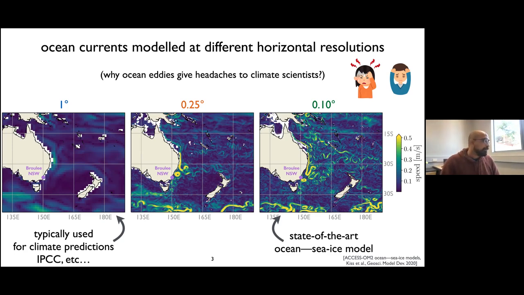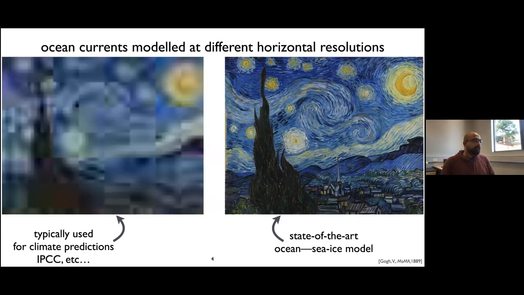So just to bring a bit of perspective, that's the state of affairs that we are at. Whilst both are beautiful, ideally we would like to have things like on the right, but even if we can't, we want to include their effects on the large-scale flow.